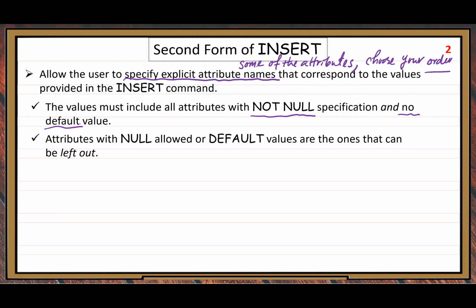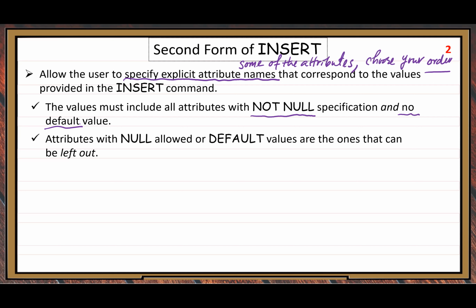Attributes with null allowed or default values are the ones that can be left out. In these two cases, you can leave out those attributes. First, you do not put the not null constraint on that attribute.